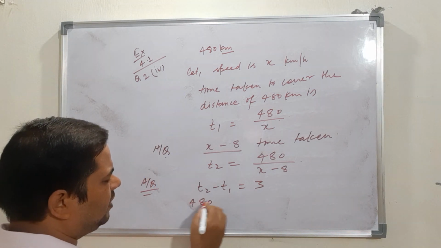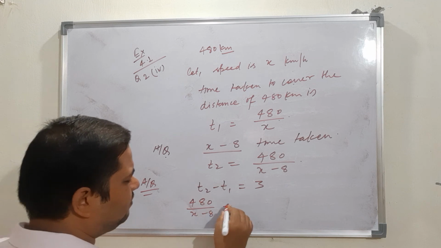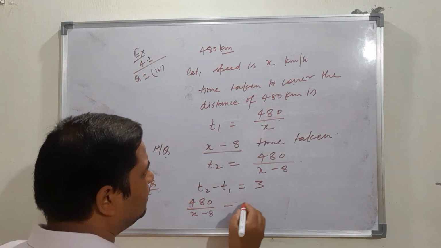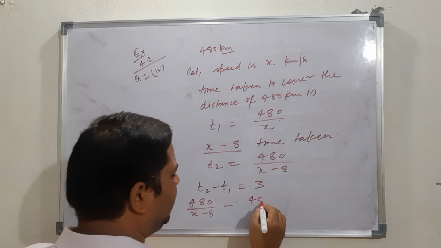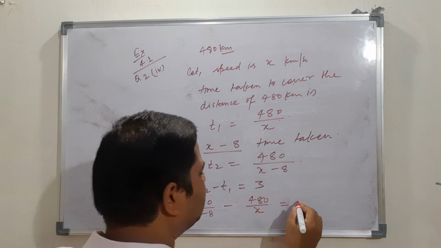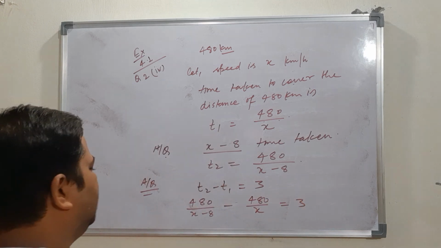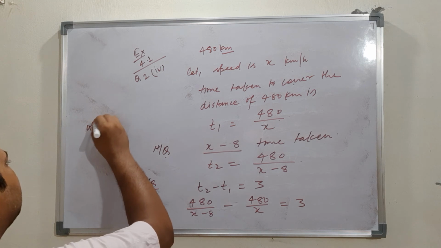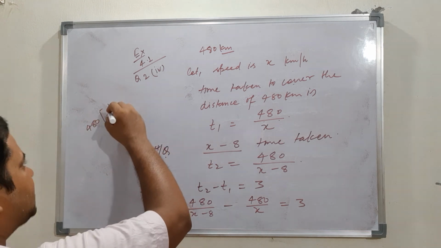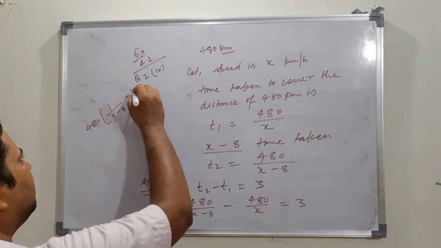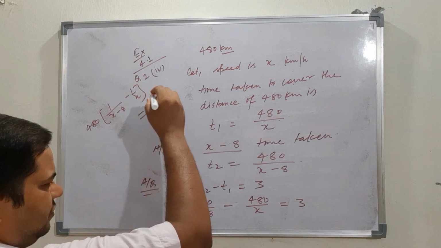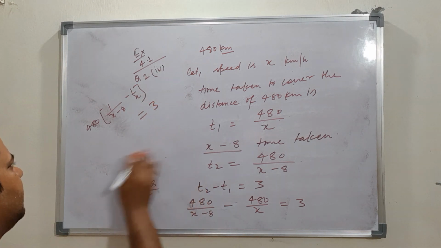So 480 upon x minus 8 minus 480 upon x is equal to 3. Taking 480 common, 1 upon x minus 8 minus 1 upon x is equal to 3.